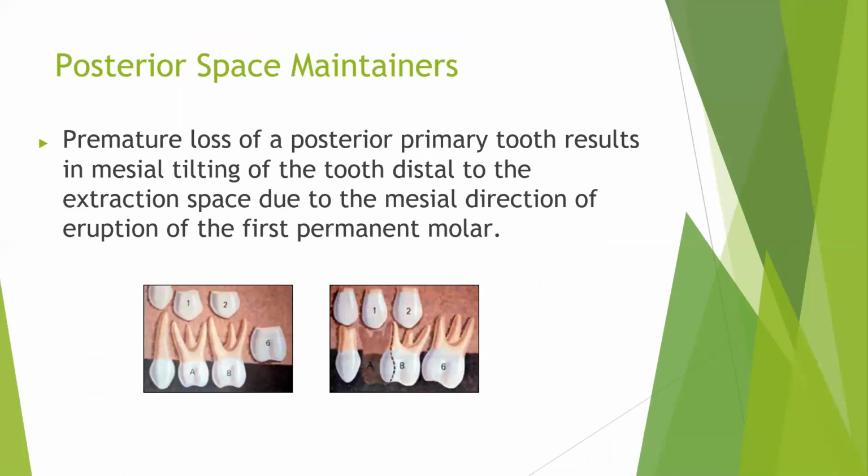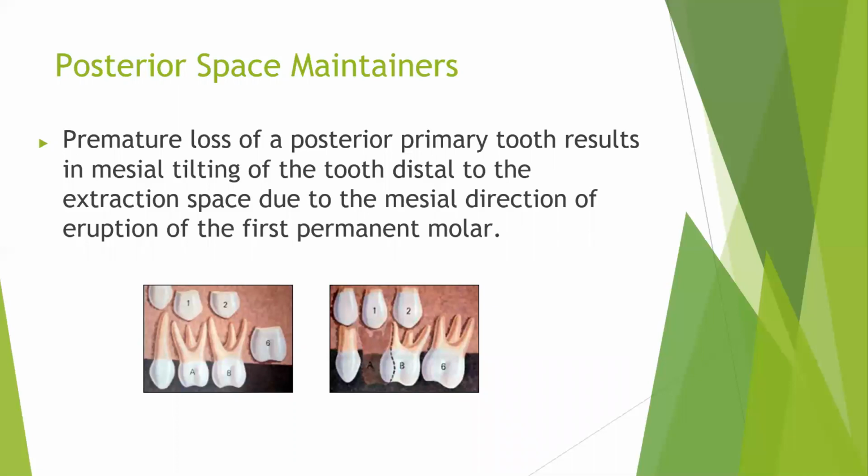Posterior space maintenance is used for premature loss of posterior primary teeth, resulting in mesial tilting of the tooth distal to the extracted space due to the mesial direction of the eruption of the first permanent tooth. So you see here two little photographs.